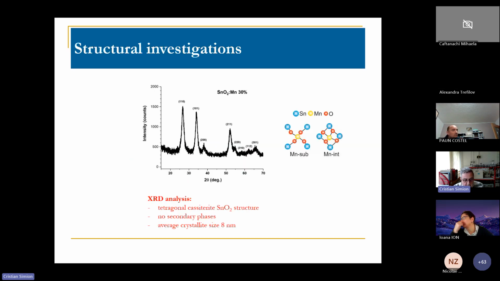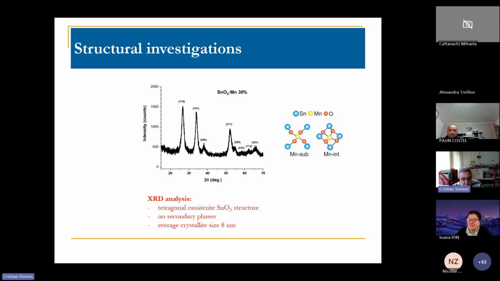And what I would like you to bear in mind is the fact that we have an average crystallite size of 8 nanometers. This is quite important because I will do some modeling later on. And I will focus on this 8 nanometer tin dioxide average crystallite size.